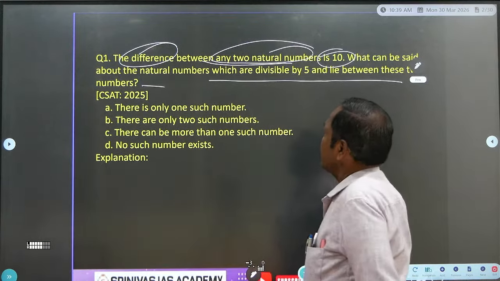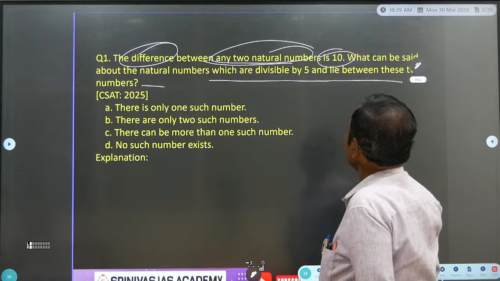See now, the difference between any two natural numbers is 10.